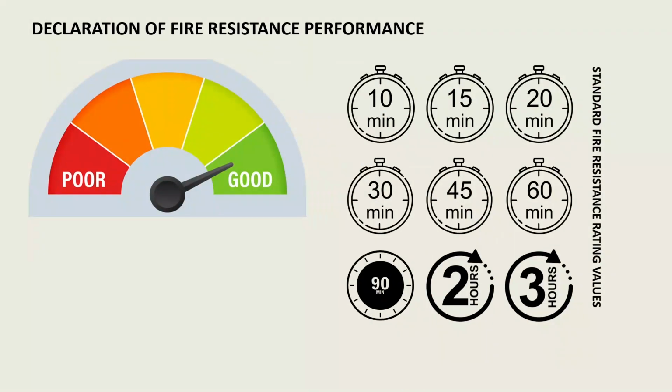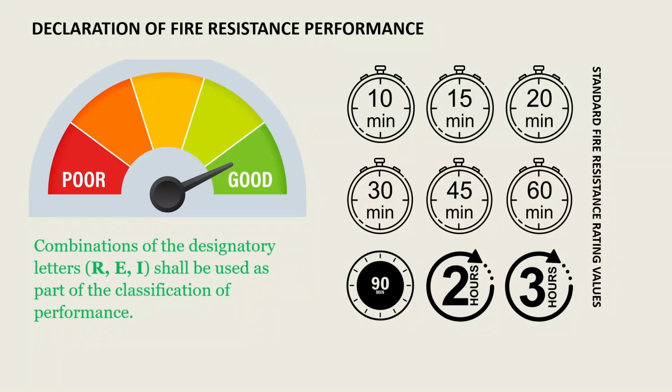This slide explains the declaration of fire resistance performance, which is assessed using standard time intervals. Fire resistance ratings are measured in durations such as 60 and 90 minutes, reflecting how long a material or a system can maintain its performance under fire conditions.